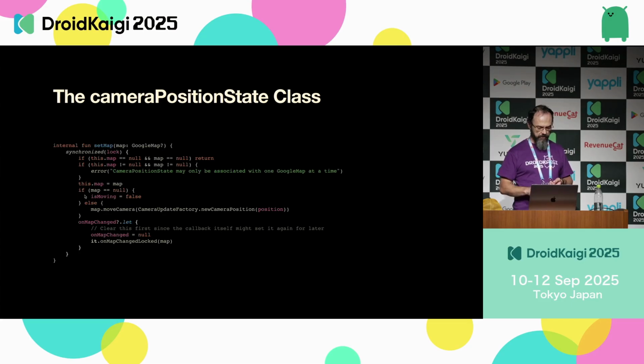And we only move forward if, in case the map is different of null, we just set is mapping as false. Otherwise, we just move the camera to the position that we have specified. And we use this on map change listener here to notify that the map has changed its status.